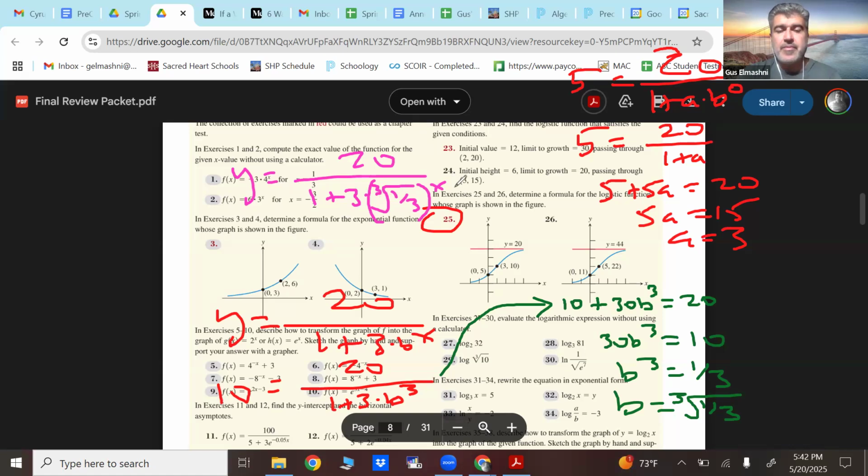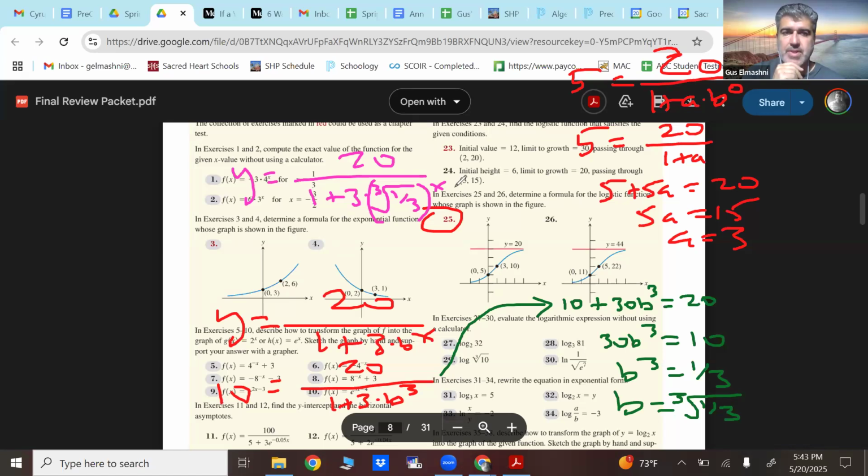And that's your answer. So you can do the same thing for 26. So the answer is cube root of 1/3. Correct. That's the b value.